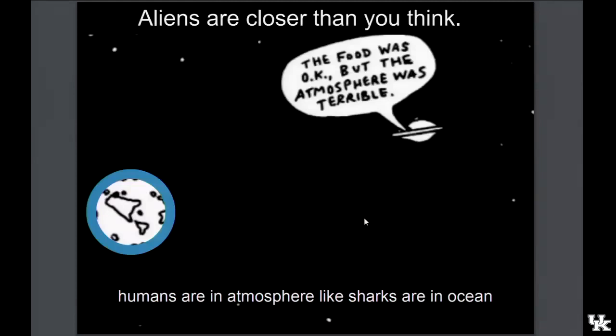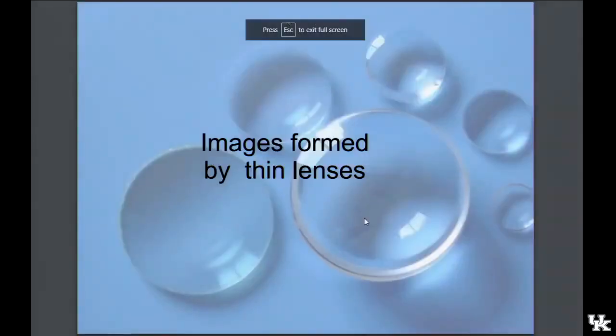We're looking from higher refractive index into lower refractive index. So not sharks, aliens out there in empty space will actually look further away than they actually are. Only by a little bit, but in the physics sense, aliens truly are closer than they look when you look out the atmosphere and see them. Okay.